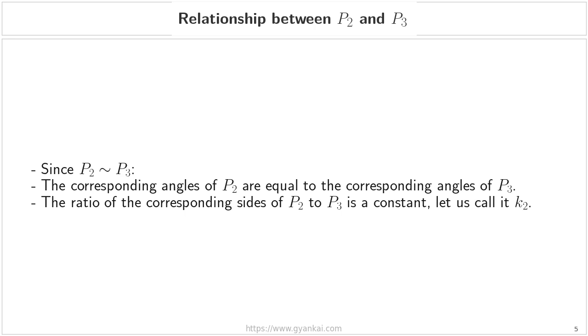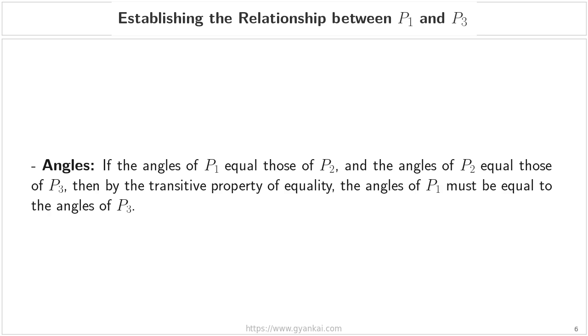Keep these two relationships in mind, because in the next slide, we are going to link all of this together to prove the final connection. Establishing the relationship between P1 and P3. First, let's look at the angles. From our previous slides, we know that the angles of polygon P1 are equal to the angles of polygon P2, and we also know that the angles of polygon P2 are equal to the angles of polygon P3.